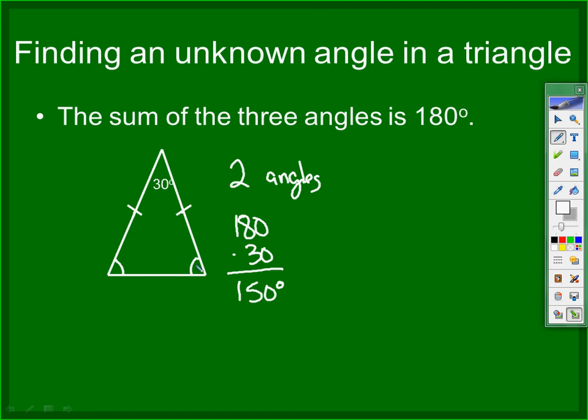And if these two angles are congruent to each other, I have to split that 150 in half, and I know that each angle is half of 150. Each of these angles would be 75 degrees. And I can tell that because I understand the tick marks mean these two sides are the same, and if the two sides are the same, these two angles are the same.